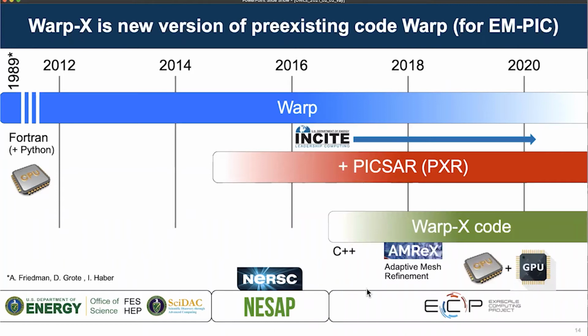And then the Exascale project started, which I will present next. Then we started this new code, WarpX, that very much started as Warp plus PICSAR, and then became this new C++ code based on AMReX, an adaptive mesh refinement library, and runs on both CPUs and GPUs efficiently.